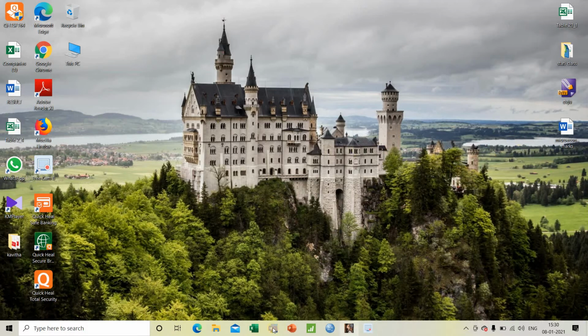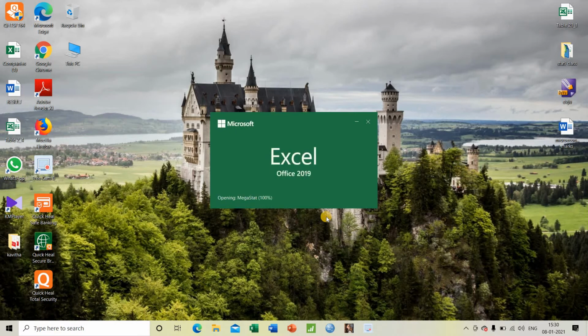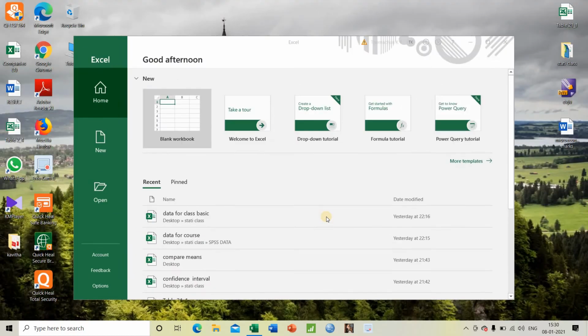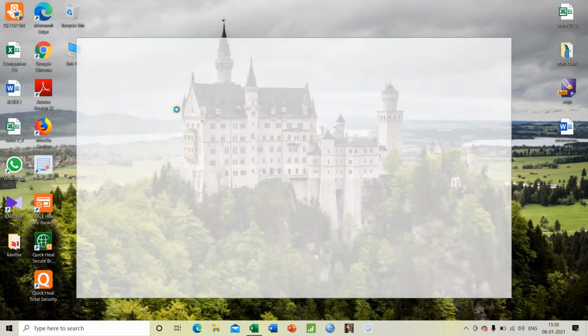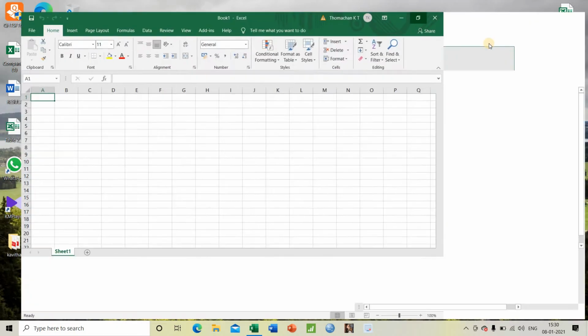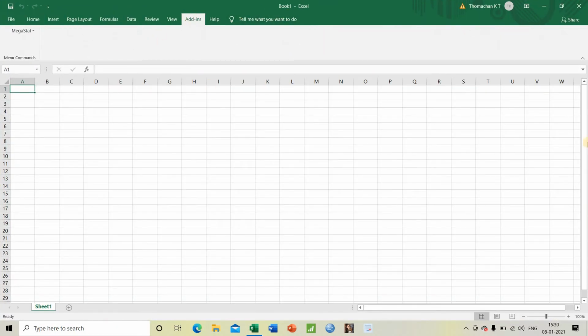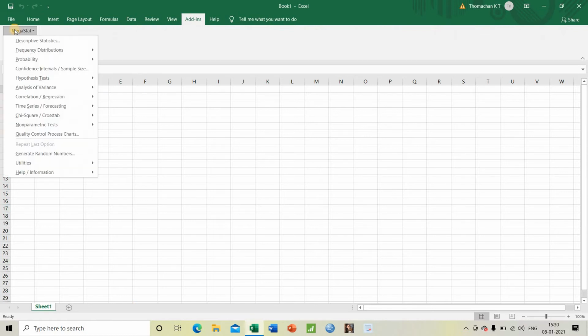So, to explain, just open an Excel sheet. From add-ins, go to Megastat, probability.